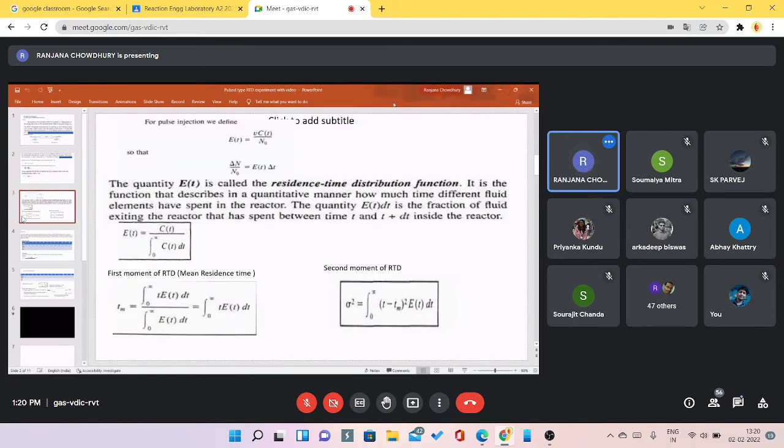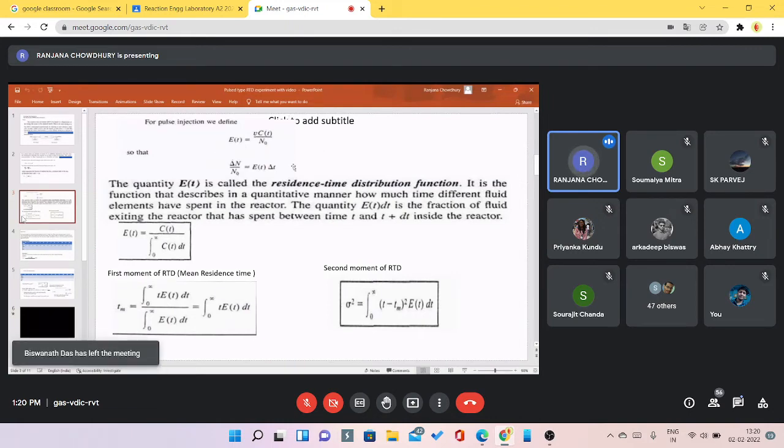Now, here what you can do is determine the value of E(t). E(t) is nothing but V into C(t) by n0.